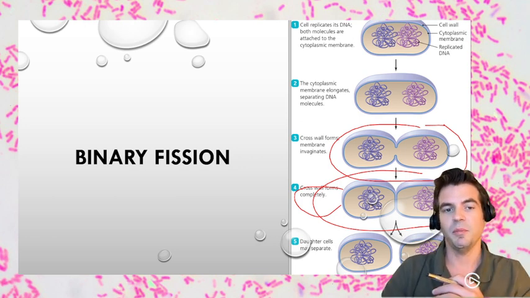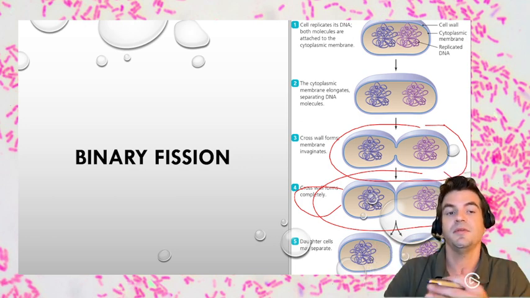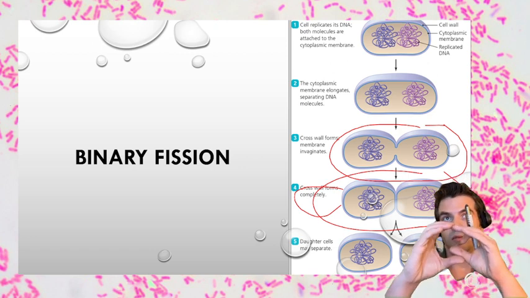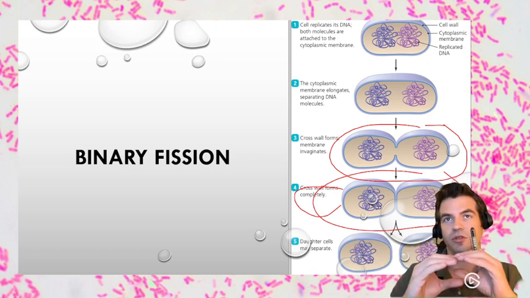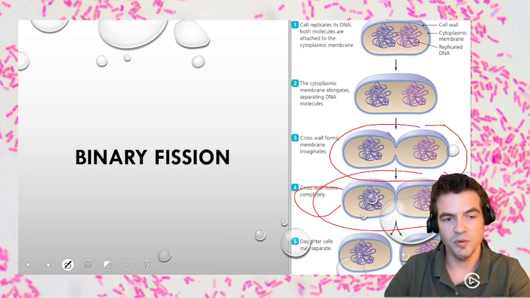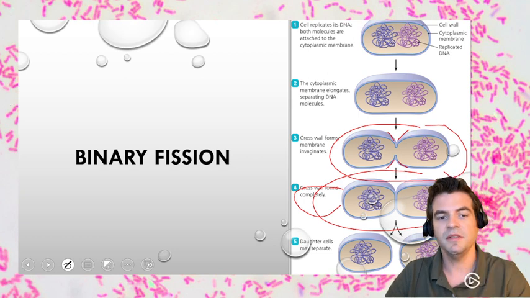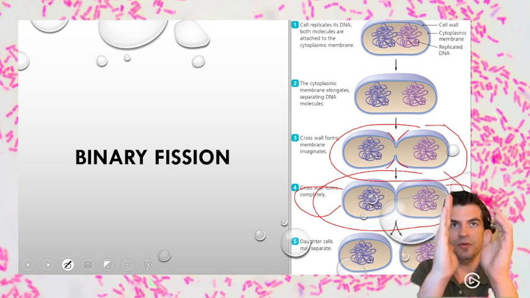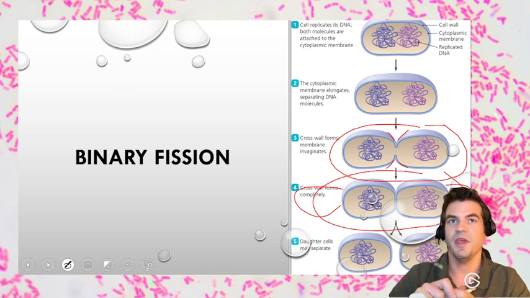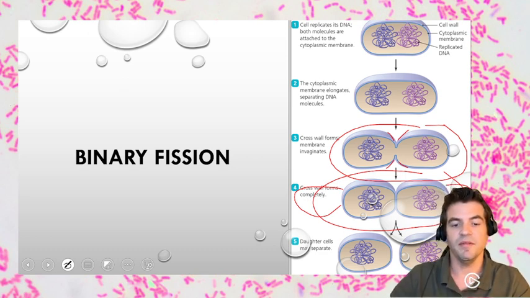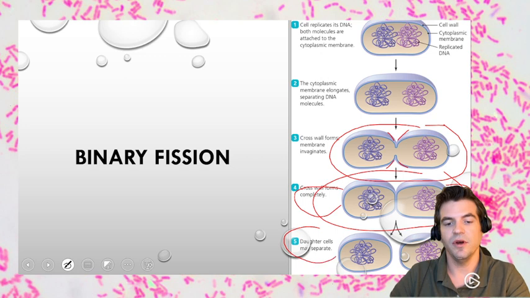Okay, it must replicate, duplicate itself, and then it will divide those apart, and then it will start to put proteins here. They're called the FtsZ proteins, and they actually start to close and pinch that gap, and now you have two what we call daughter cells.